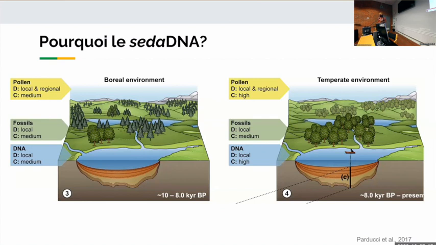Pollen influx can come from very far away, and charcoal has to be located directly where the tree burned down, whereas DNA is on the scale of the watershed of a single lake.